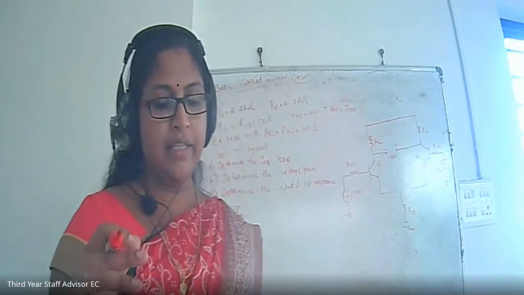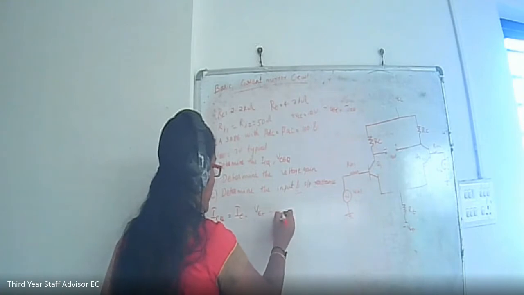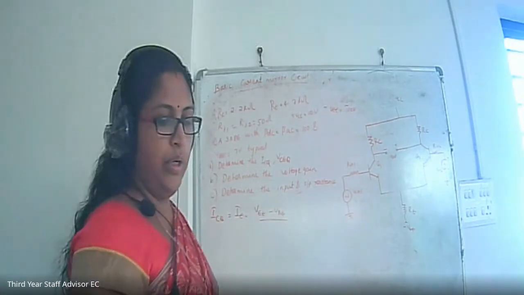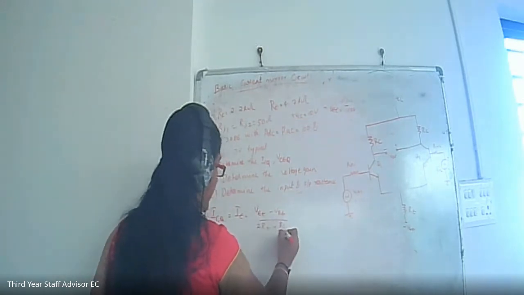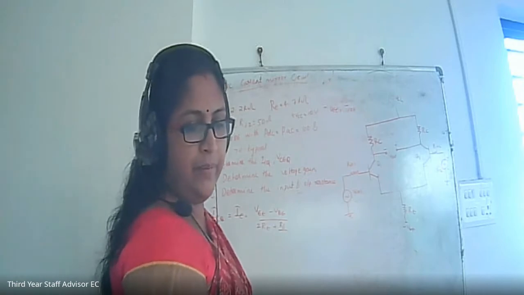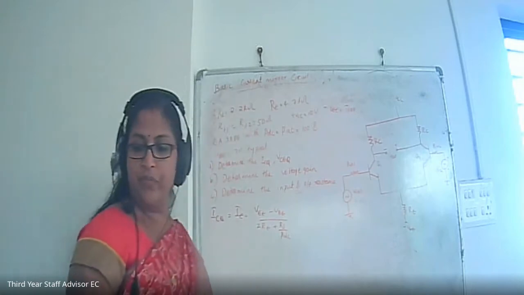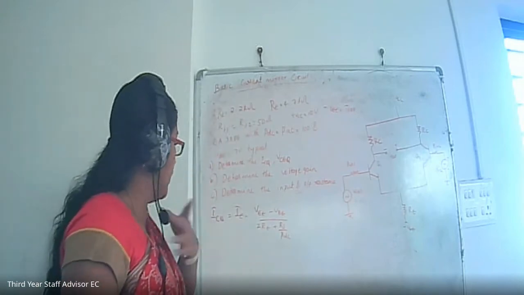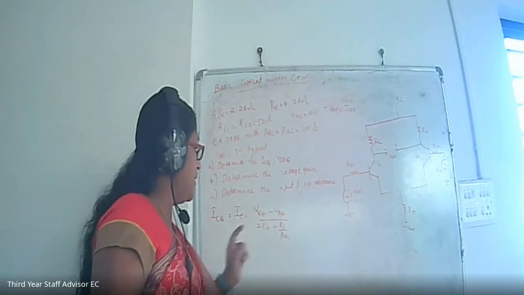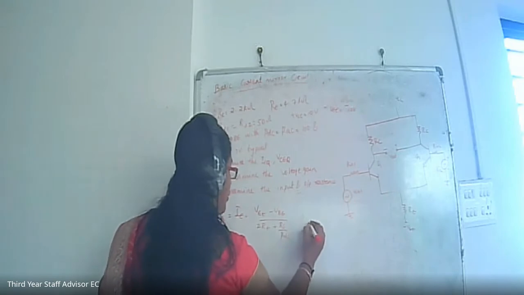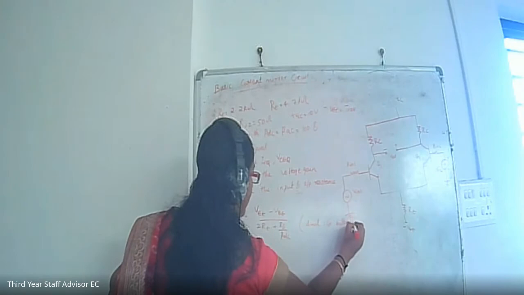So we can write it as VEE minus VBE divided by 2RE plus RS by beta DC. So this was our equation, that is ICQ equal to IE equal to (VEE minus VBE) by (2RE plus RS by beta DC). This is the case of dual input balanced output differential amplifier.